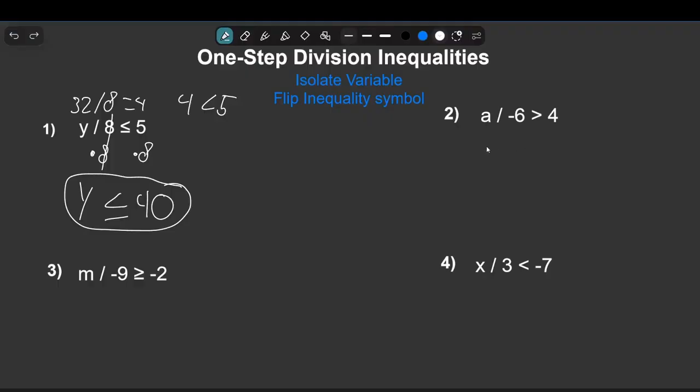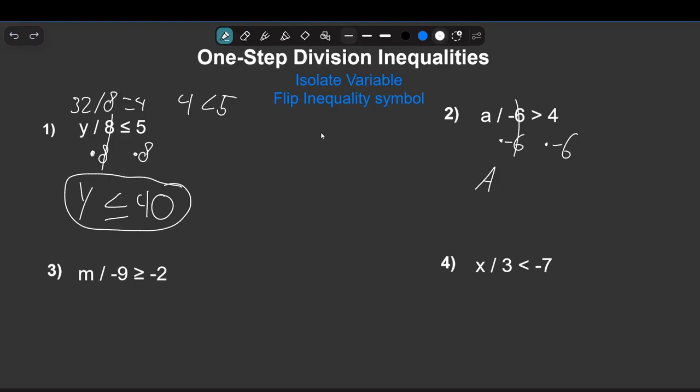Now let's go to our second example, where we have a divided by minus 6 is greater than 4. The first thing we do is isolate our variable. Again, we use the opposite or inverse operation, so we multiply both sides by minus 6. These two cancel each other out, so we are just left with our variable. But as you can see here, it says flip the inequality symbol.